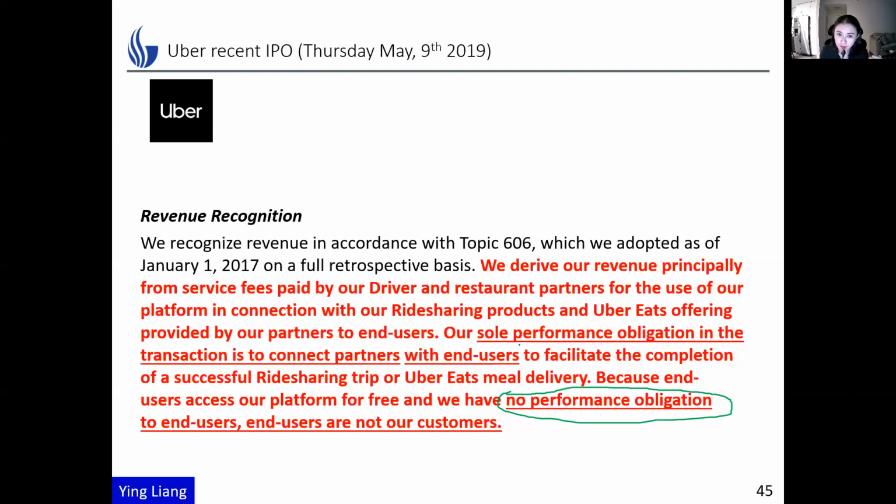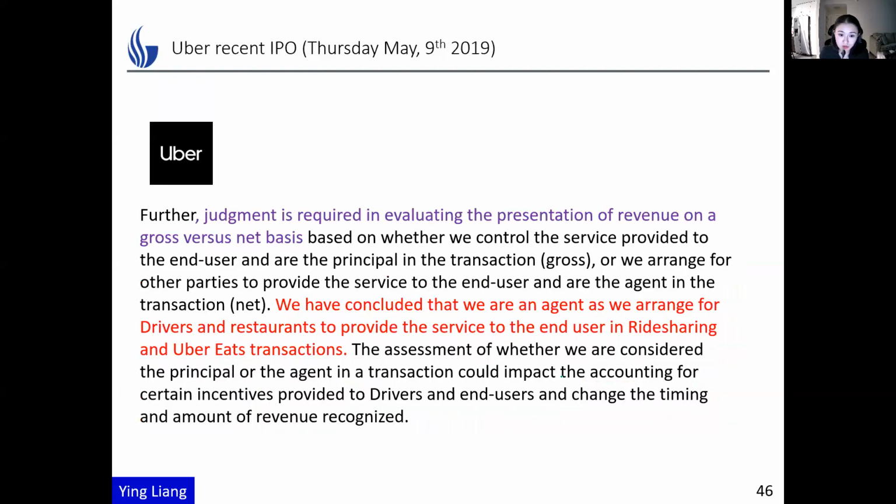Everything should be the responsibility of the drivers. Customers should seek the drivers directly for services. So they are serving as an agent type, a middleman type. That's why they use net accounting. But of course, the main reason behind Uber choosing net accounting is to hide sensitive information from competitors like Lyft, because Lyft at that time hadn't been public. So that's the main reason.